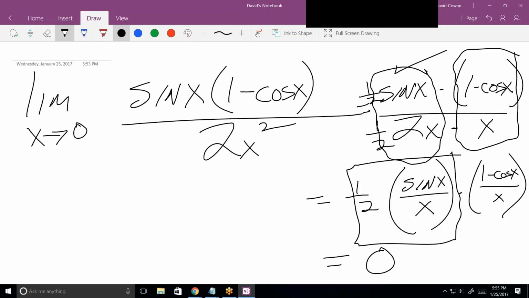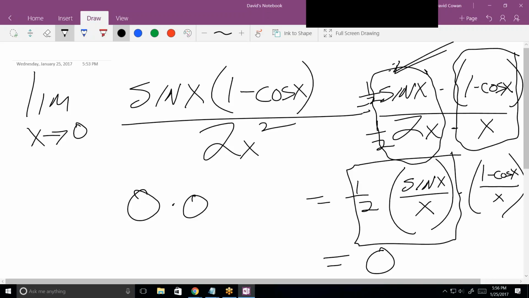The only time I might need to do the left part is if it goes to 0, because there's some indeterminates. Well, 0 times 0 is not indeterminate. That's 0. So even if this thing with the check mark were to go to 0, I've still got 0 times 0. So I'm done as soon as I separate that out and know that that goes to 0.